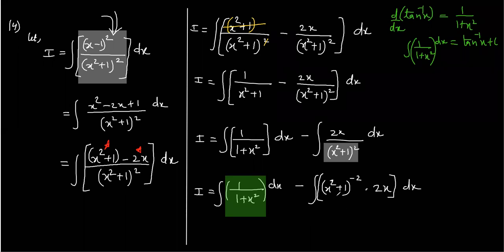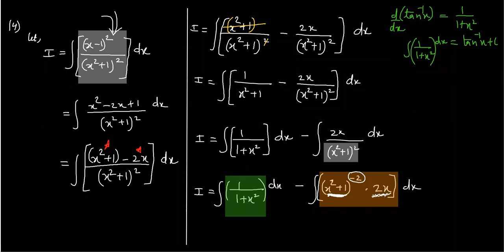Further, look at this. What you notice here is f of x raised to n, x square plus 1 raised to n. If I call x square plus 1 as f of x, what is 2x?